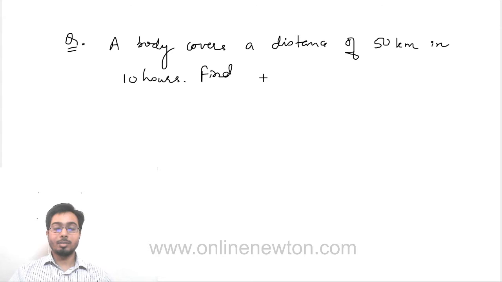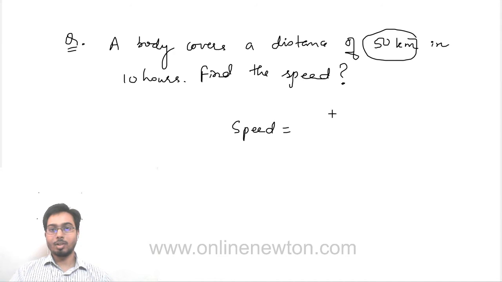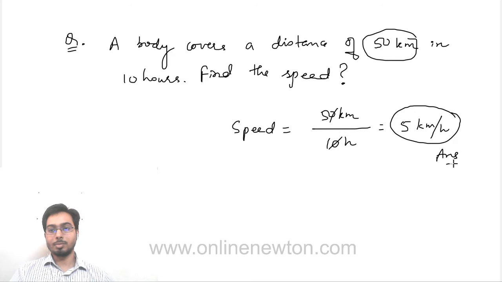We'll talk later about what is the difference between average speed and instantaneous speed. Find the speed. So in this case, you can simply figure out the total distance, that is 50 kilometers, and total time is 10 hours. So you can see 0 and 0 can be removed and it is 5 kilometers per hour. That is the answer for this problem.